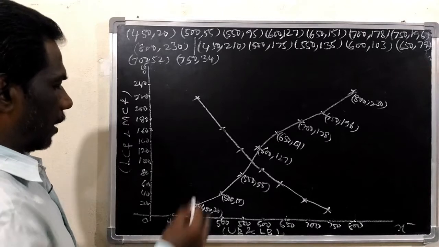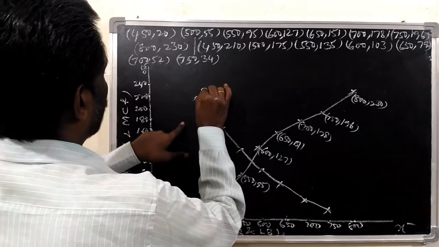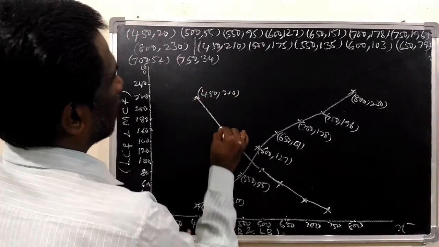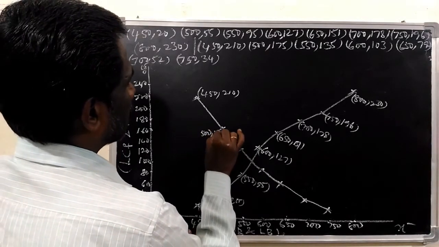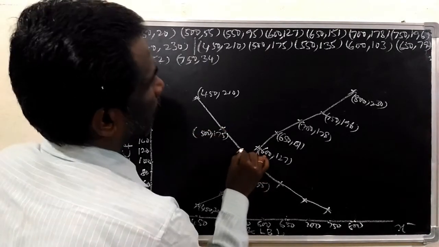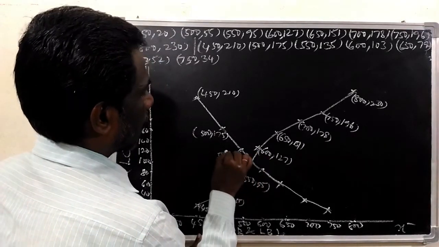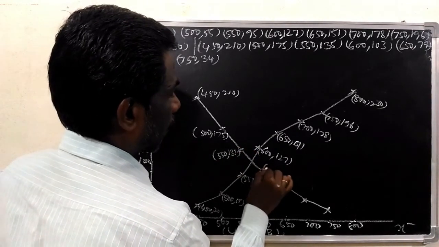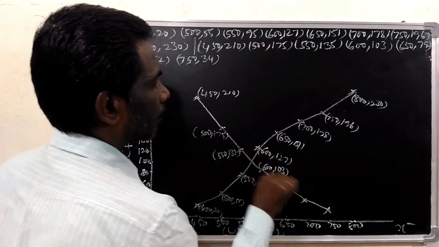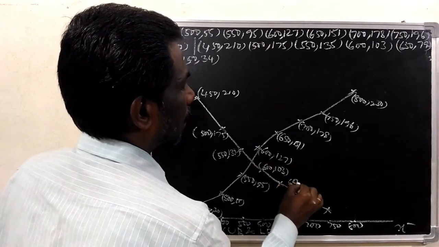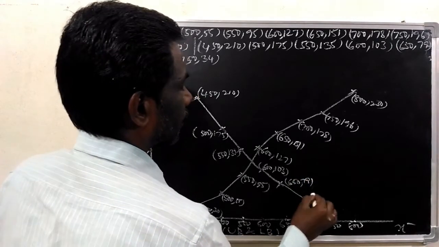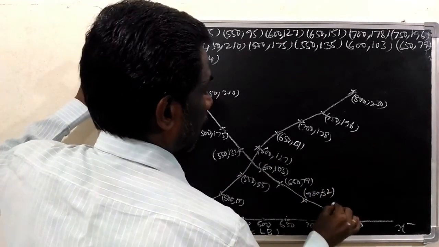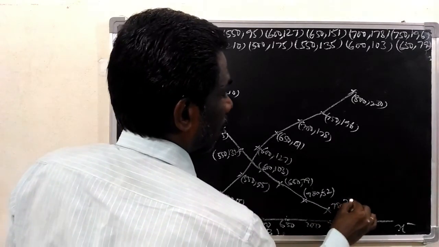Yes. Write the points. The first point is 450 comma 210, and this is 500 comma 175, and this is 550 comma 135, and this is 600 comma 103, and this is 650 comma 79, and this one 700 comma 52, and the last one 750 comma 34.